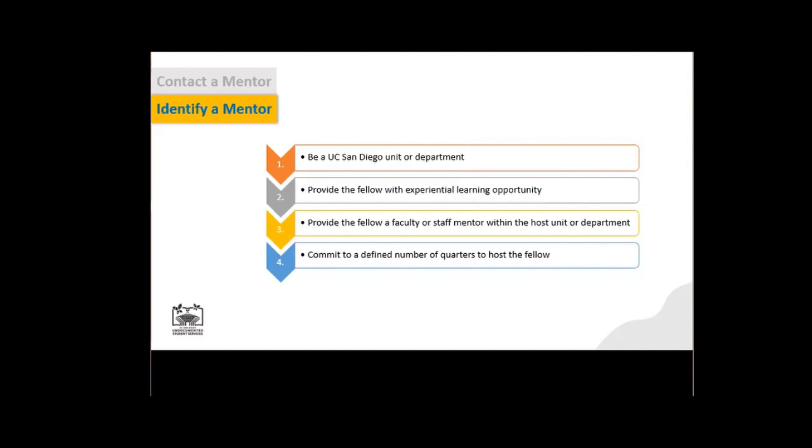Thirdly, the host unit must delegate to you a mentor who can not only provide guidance and support on the tasks associated with your learning opportunity, but can also provide holistic mentorship on personal and professional development. Finally, the host unit must commit to a defined number of quarters to host you. For example, if you are applying for PACE, then your host unit must be able to take you on for all 3 quarters of the academic year, meaning fall, winter, and spring.